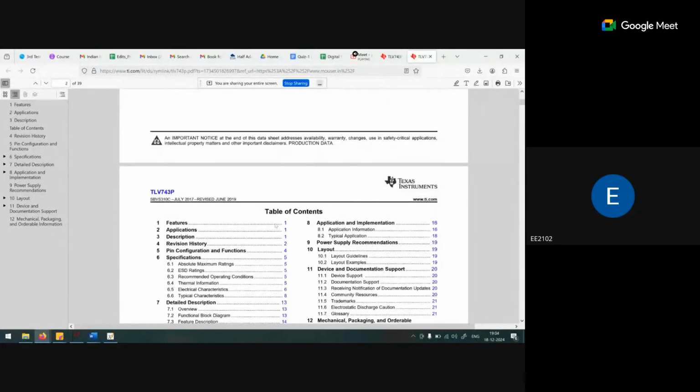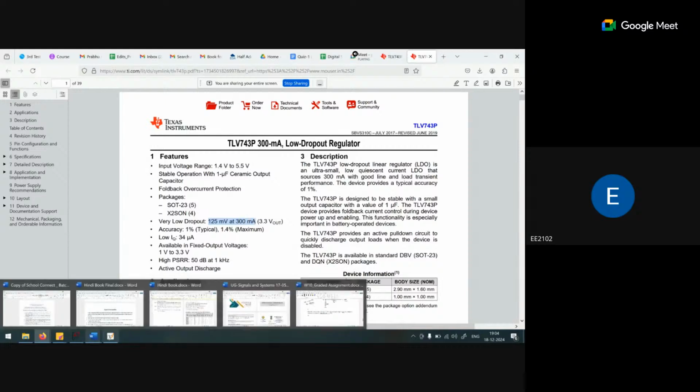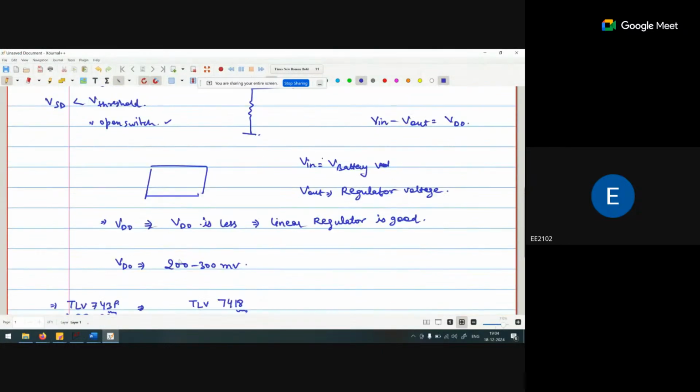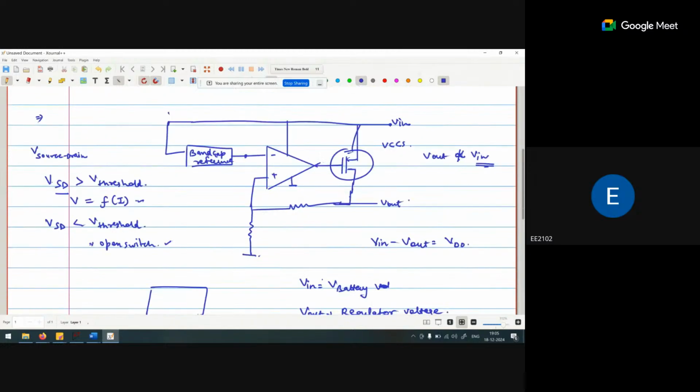But if you see here, this dropout voltage is also a function of the current: 125 millivolt at 300 milliampere. Okay, so 300 milliampere and 180 milliampere. So that particular voltage is a function of current. So this 125 millivolt is at 300 milliampere.